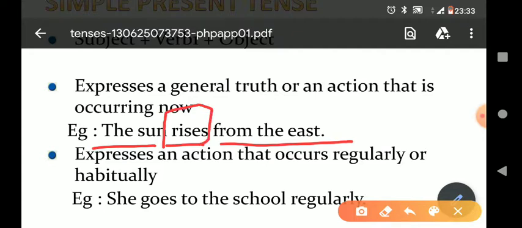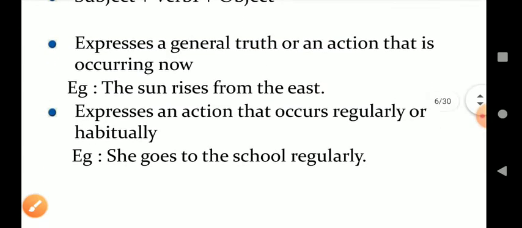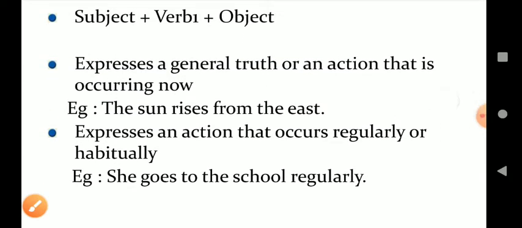This is v1, this is subject and this is object. This was the rule. So this is expressing a general truth or an action that is occurring now. This also comes in simple present tense. And second, it expresses an action that occurs regularly or habitually.